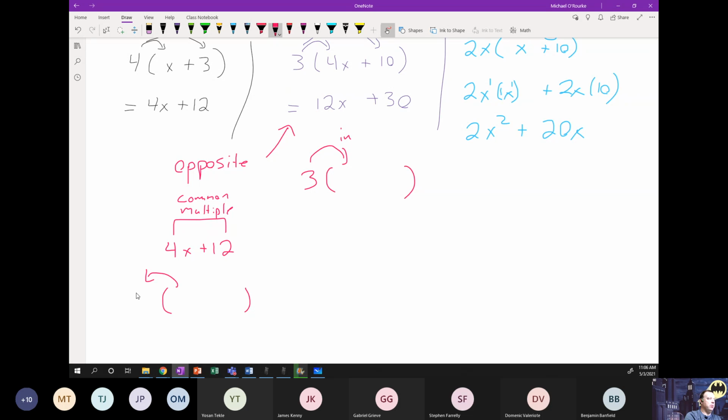So we're going to take out the 4. And once we take out the 4, we divide everything by 4. 4 divided by 4 is 1. 12 divided by 4 is 3. Now, also, is there a common variable? In this one, no.